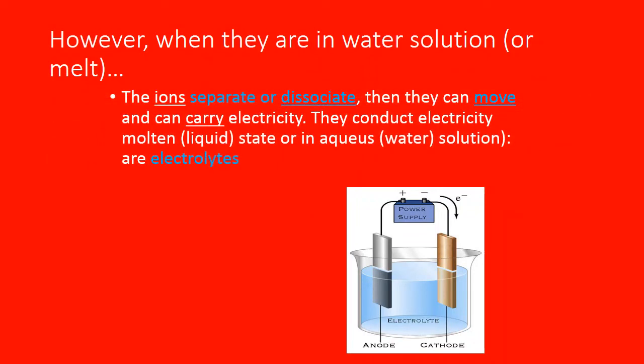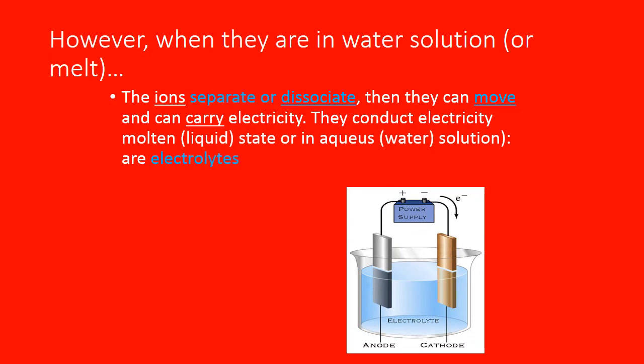However, when they are in water solution, that means when they are dissolved in water, which is called an aqueous solution, or when you heat and melt them into a liquid state, the ions separate or dissociate, and they can move and carry electricity.